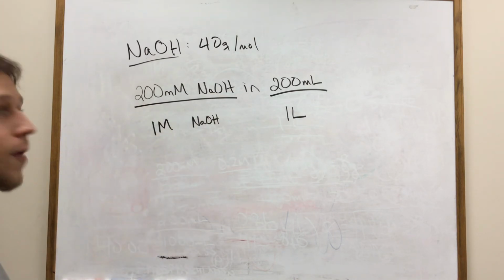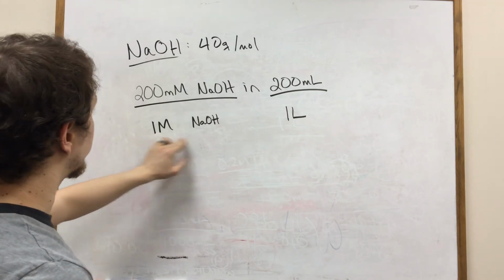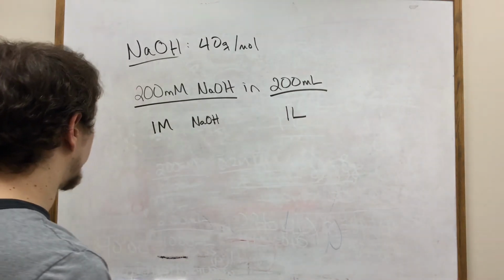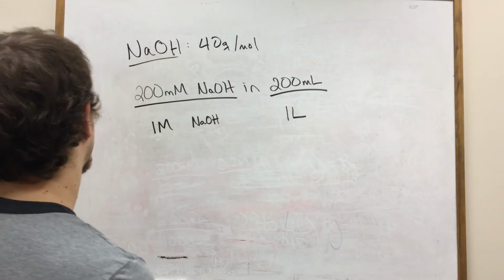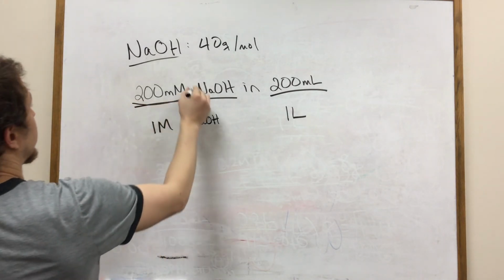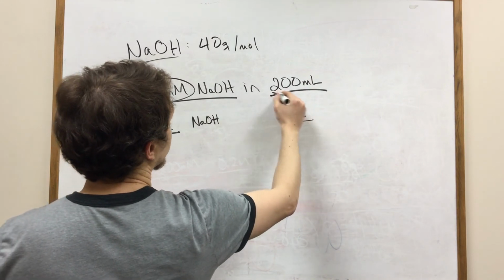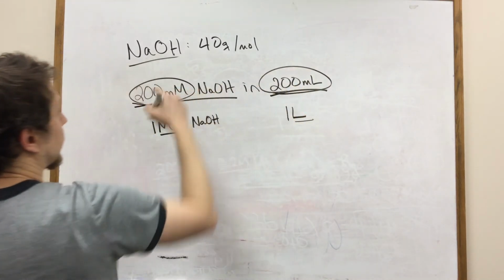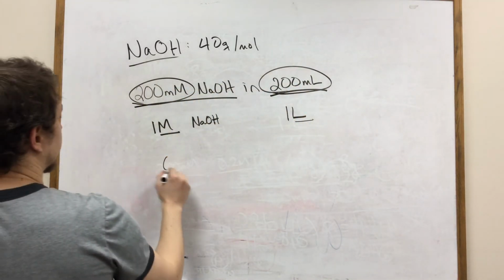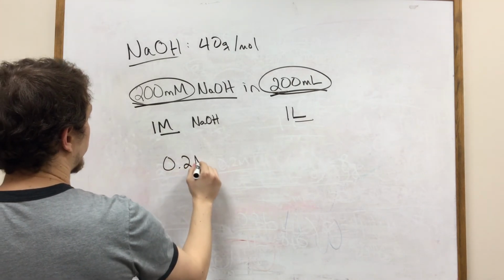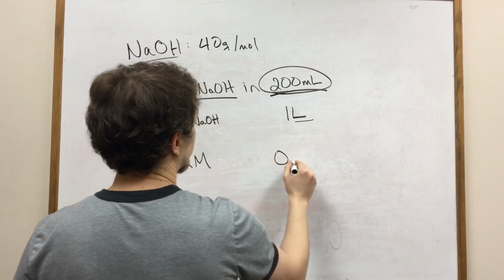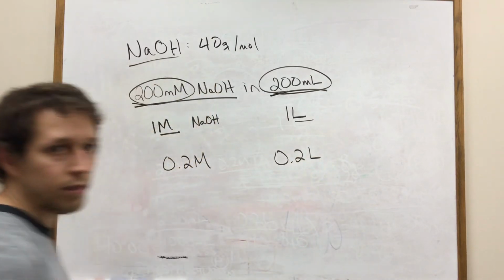Those are both fractions of our 1 molar, 1 liter. So what you could also do is convert each of these to their respective base unit of measurement. That is, convert this to liters and convert this to moles. And if you did that, you'd get 0.2 moles and 0.2 liters.